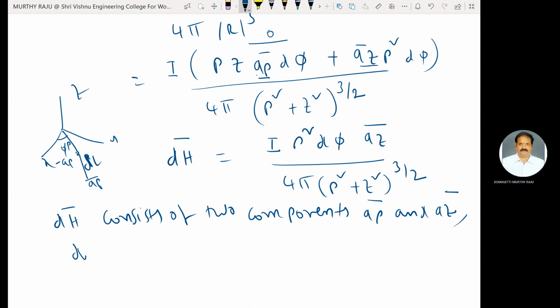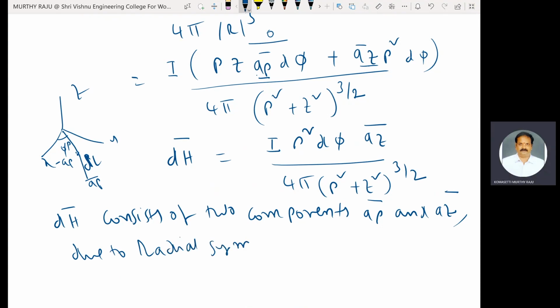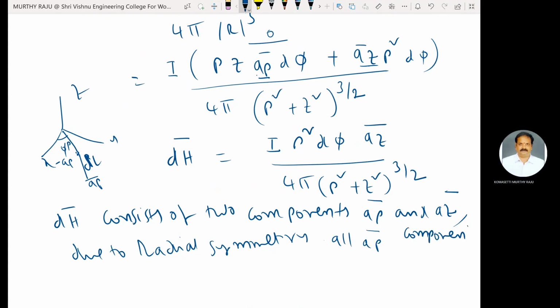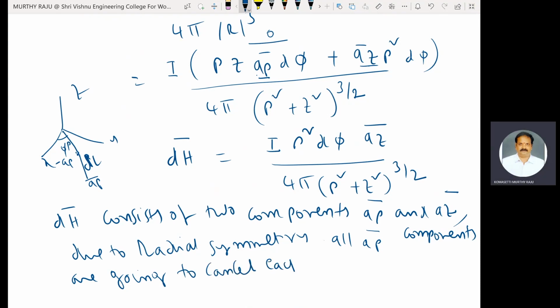Due to radial symmetry, all a rho bar components are going to cancel each other.